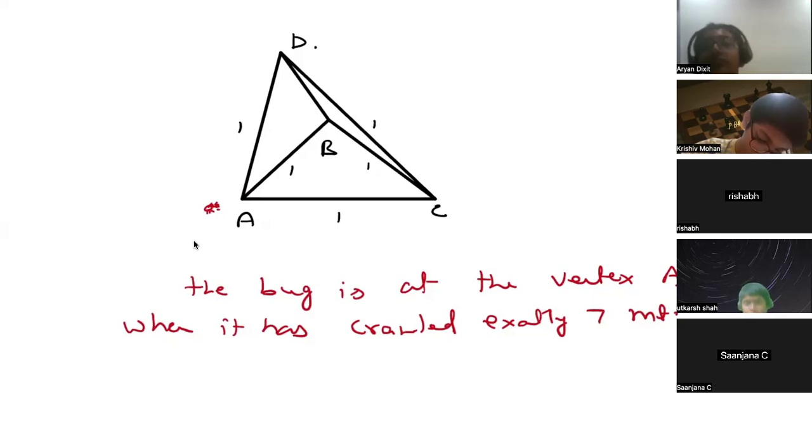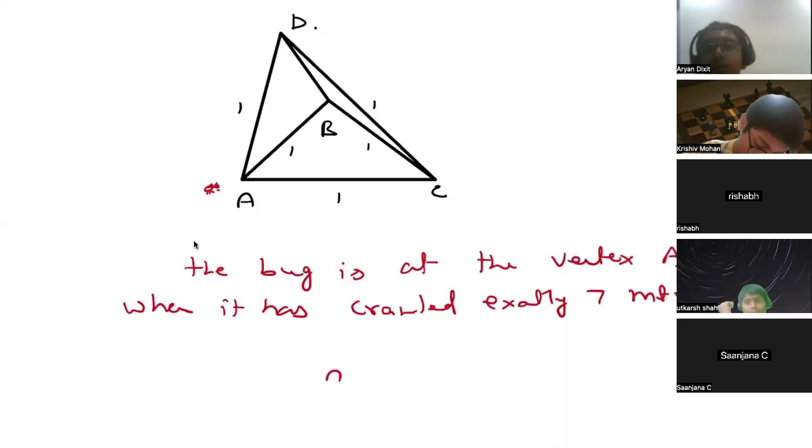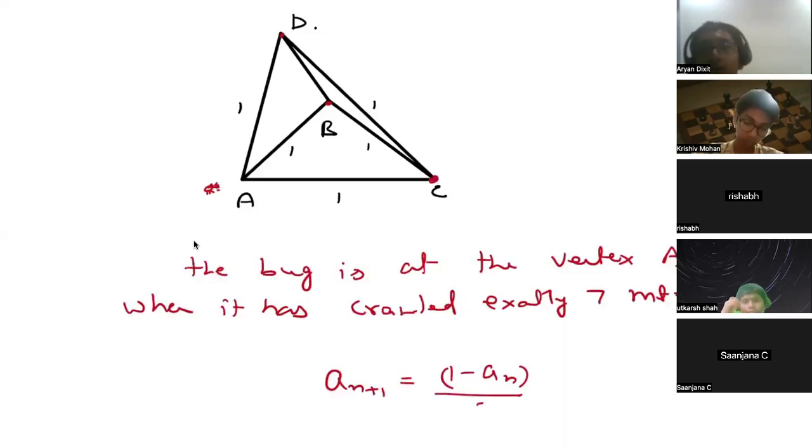What they are saying is that the probability that the bug is at vertex A after crawling n meters is defined by the relation a n plus 1 is equal to 1 minus a n, right? 1 minus a n means that at the nth position it must not be at A. So it may be at B or C or D. So the chances are 1/3 of this.